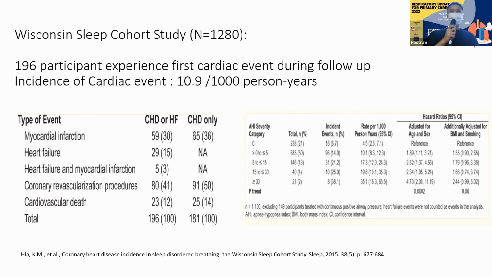About 196 participants actually experienced their first cardiac event during follow-up, giving an incidence of 11 per 1,000 person-years. After adjusting for BMI and smoking, the odds ratio of developing a cardiac event is 2.4 in patients with severe OSA.